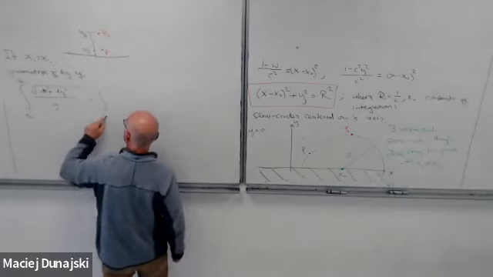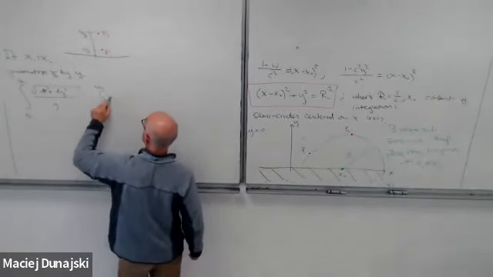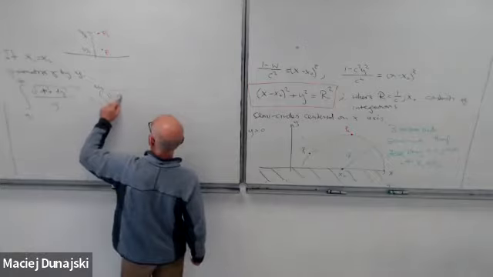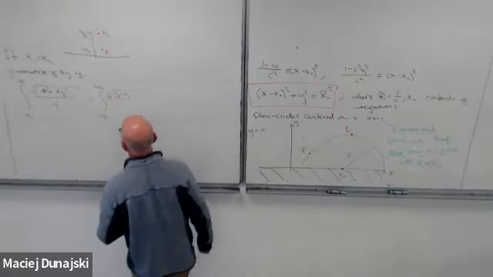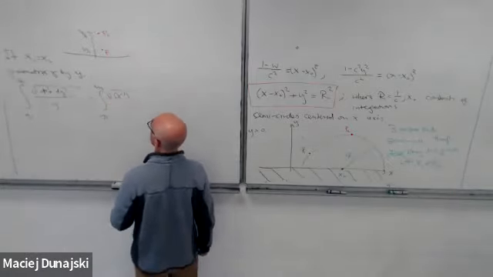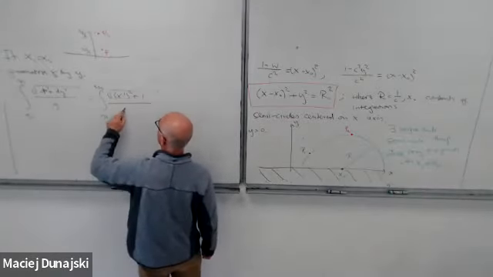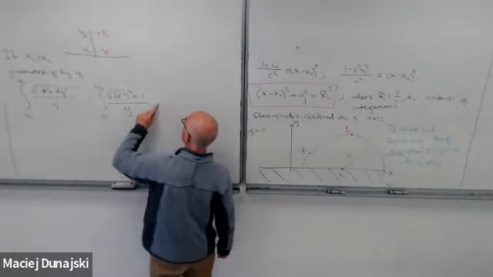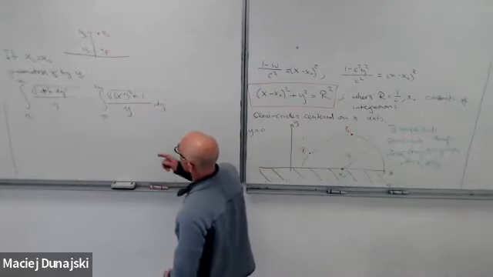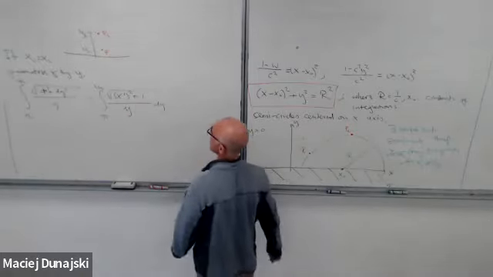x prime, where prime stands for d over dy, plus 1 over y dy. See, now I can just bound it from below.